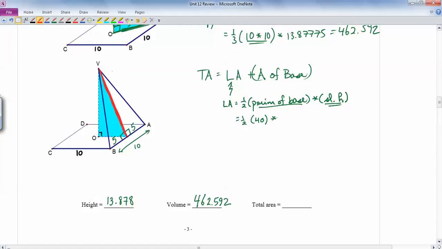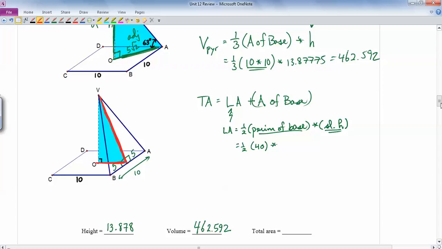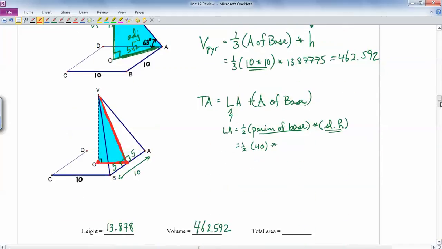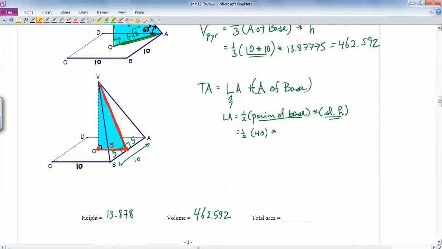Let's see, what can we use to get it? This length right here, some students think that's 5 root 2 again, or root 50. But if you go up to the picture, notice this goes from O to the middle of AB. There's O, and there's the middle of AB. That's 5, just half of the 10. So this guy is 5. The height we already know, that's 13.878, or that long version of it that we have.